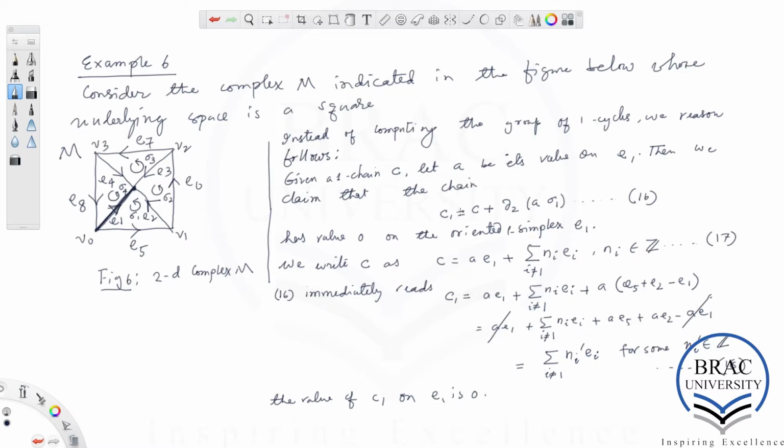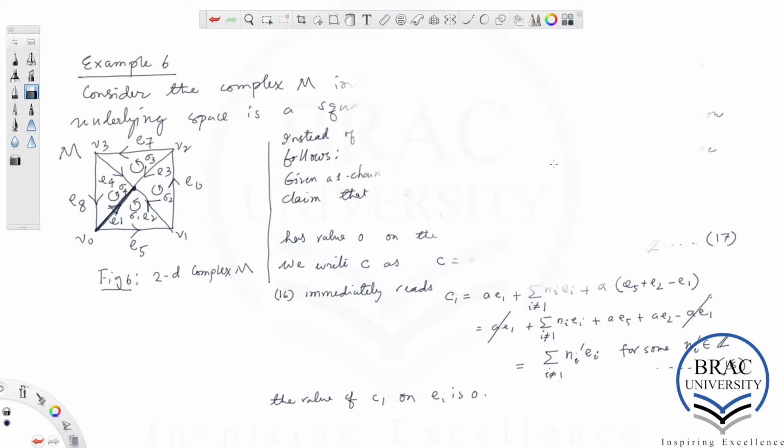So what we do is take that one chain C and add a boundary term to modify it, to obtain a new one chain, and the value of that new one chain is going to be 0 on this edge E1, which means that we are pushing this one chain C off E1 by adding this boundary term. So this is what one says.